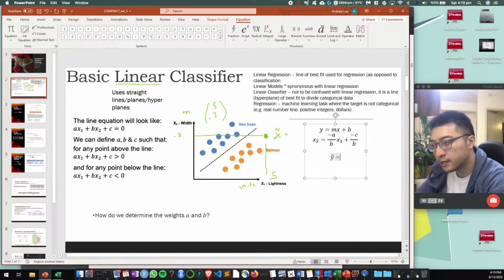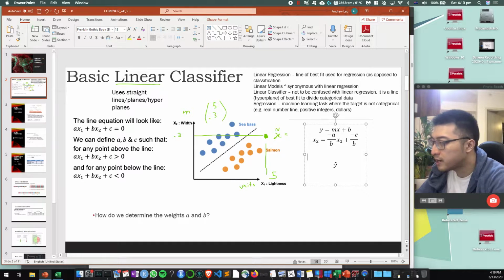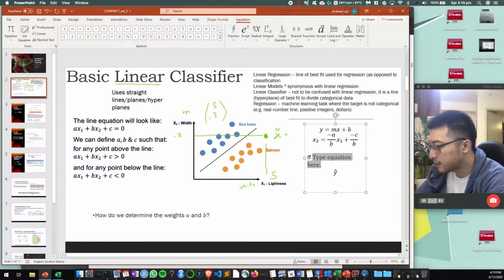So you might do something like this: if ax1 plus bx2 plus c is greater than, let's say, 0, then our prediction y hat is that it's of the positive class.